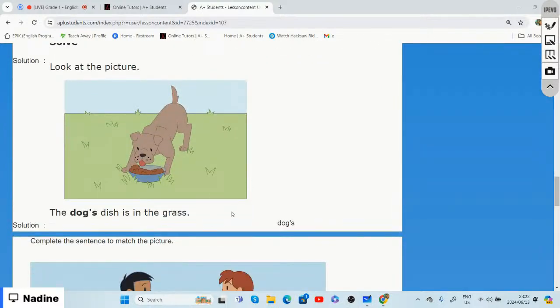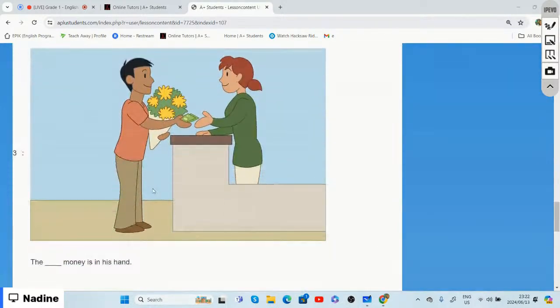All right. Okay, so now if we look at the next one, it says the money is in his hand.